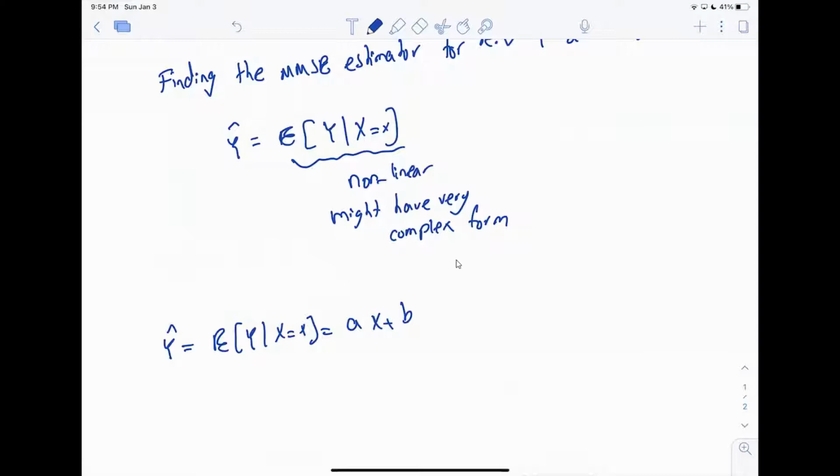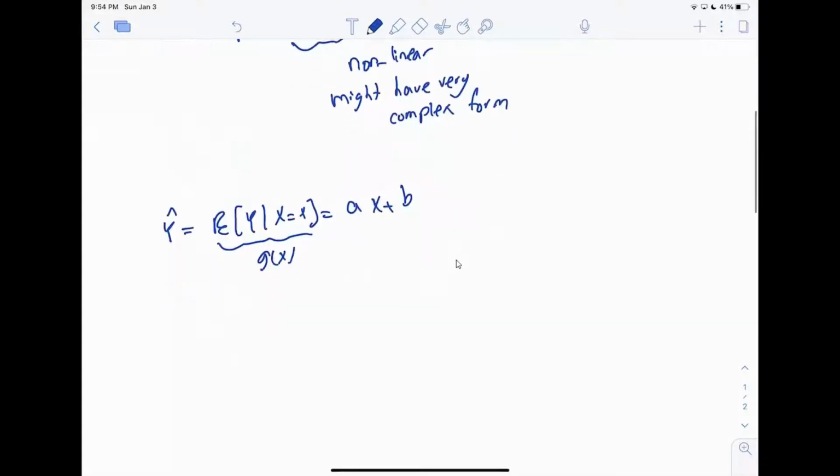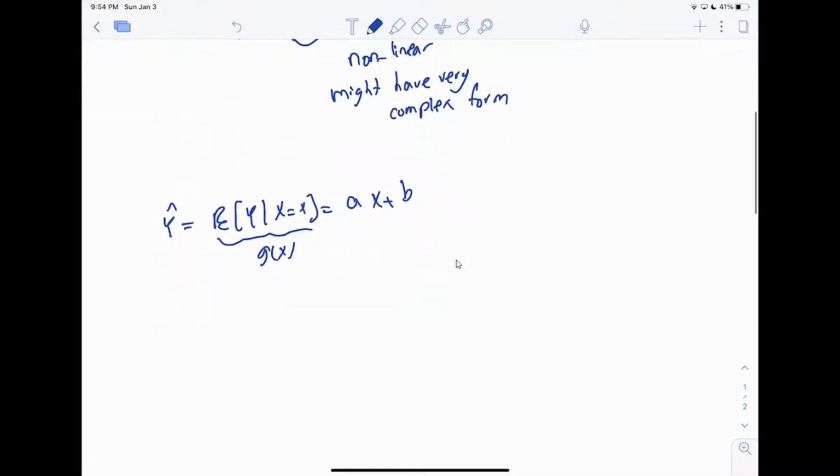Why a x plus b? Because remember, the expected value of y given x equal to little x is a function of x, g of x. As I said, I'm going to release some videos with a comprehensive overview of random variables and everything you need to know about random processes.